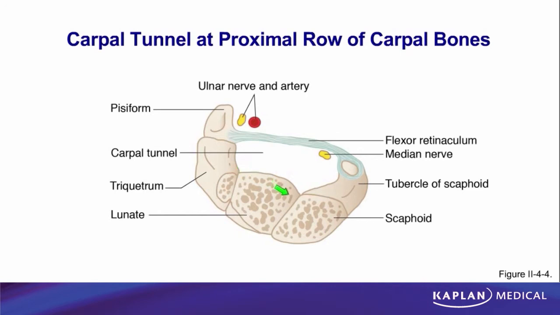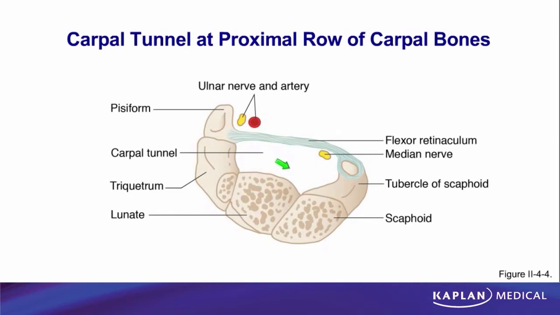So when you hyperextend your wrist, which is what can happen when you fall on your outstretched hand, that tends to squeeze the lunate out of position, and because of its wedge shape, it tends to get squeezed forward in that direction. So when the lunate gets dislocated, it typically dislocates anteriorly, which means it's dislocating into the carpal tunnel, and it's now occupying space of the carpal tunnel.